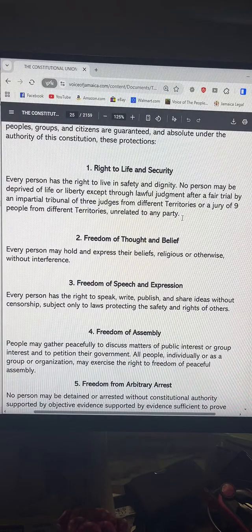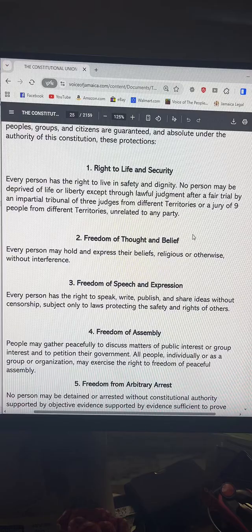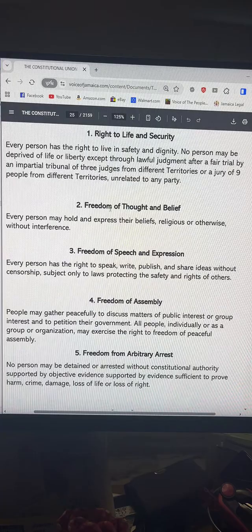That is what is supposed to happen now, but we don't have any enforcement mechanism as a people. We are at the mercy of the courts and the police, and also the attorneys. So, under a constitution like this, that would certainly change.